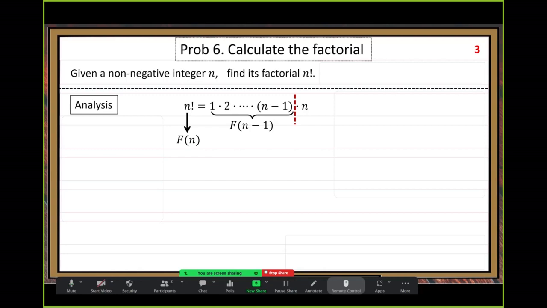Then the second part is just the n. So we get this recurrence relation formula, the key formula here: f of n equals f of n minus 1 times n.